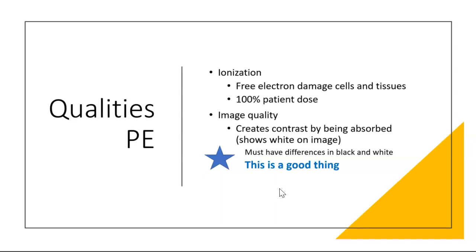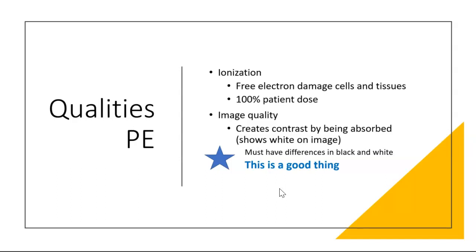Image quality, super important that we have this. The image quality creates contrast by being absorbed. So when we're looking at an X-ray and we have black and white, the white is what is completely absorbed. The black is what has been transmitted. So we're looking at the differential absorption, what has passed through the patient versus what is still within the patient, what the density is within the patient, okay?